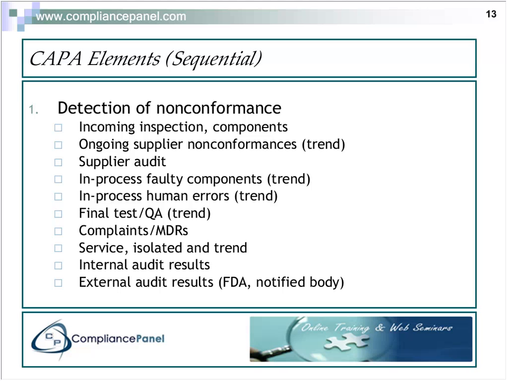Determining the cause of a nonconformance is as critical a part of your CAPA program as the actual action itself. If you don't know what caused the nonconformance, how can you possibly confirm beyond a reasonable doubt how effective the corrective action is going to be in fixing that problem?